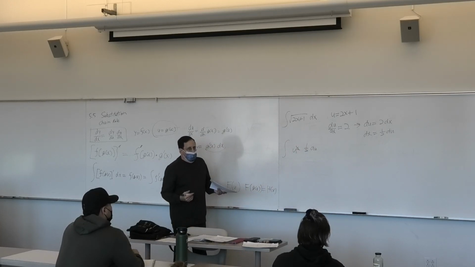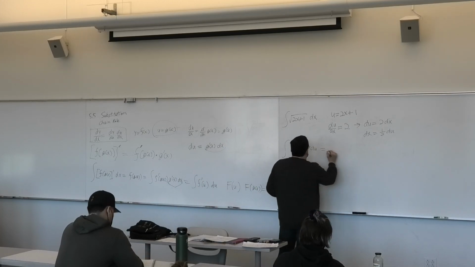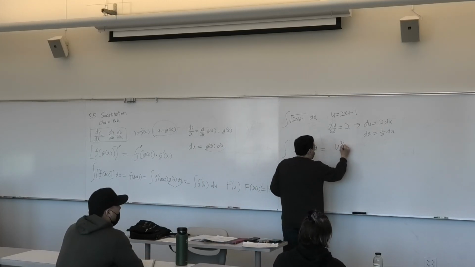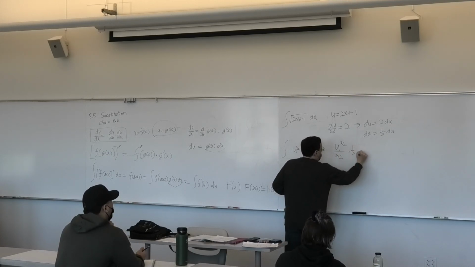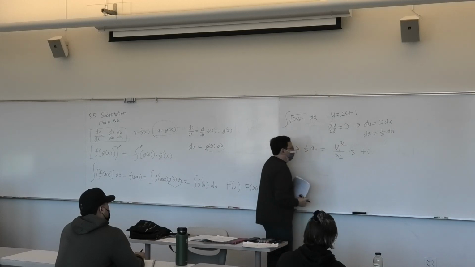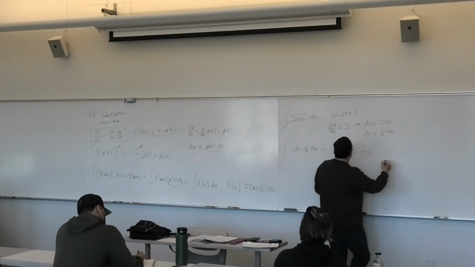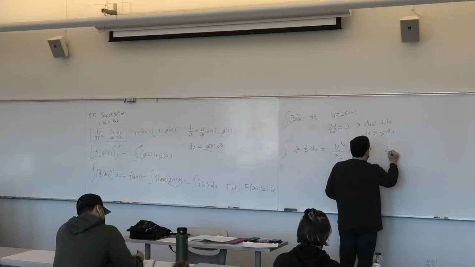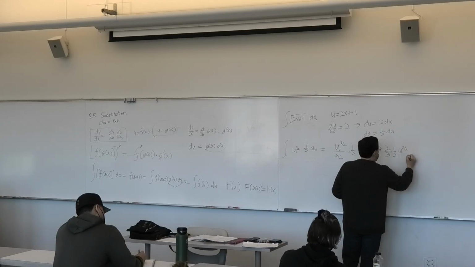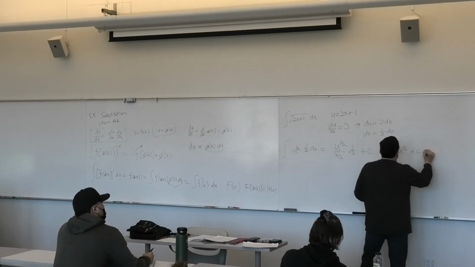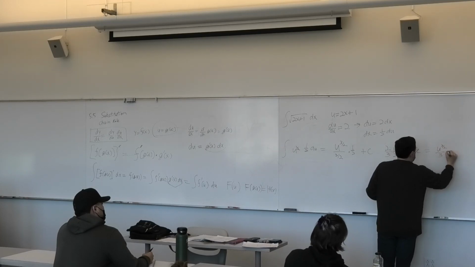So I can go ahead and use the reverse power rule. This is going to be u to the 3/2 over 3/2 times 1/2 plus our constant. All right, this needs a little unraveling here. This is 2/3 times 1/2 u to the 3/2 plus c, or u to the 3/2 over 3 plus c.